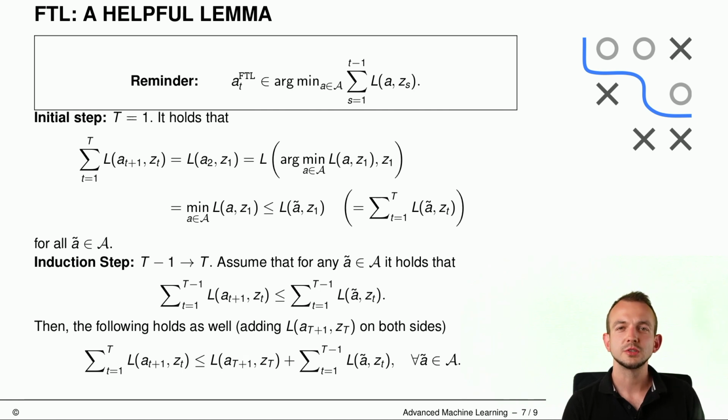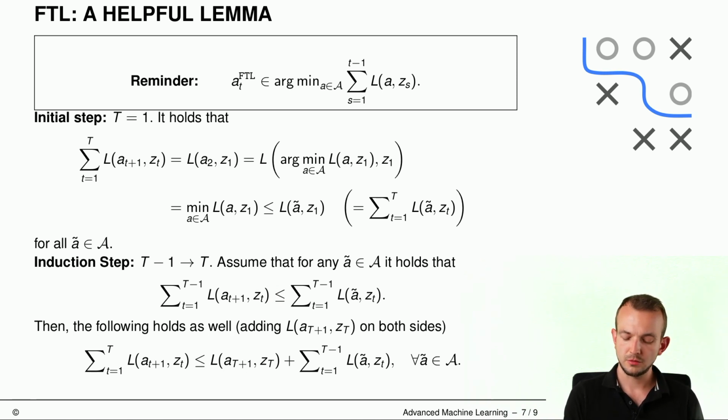We turn to the induction step. So we assume that this here is fulfilled for the time horizon t minus 1. This inequality, this equivalent inequality we have derived before.